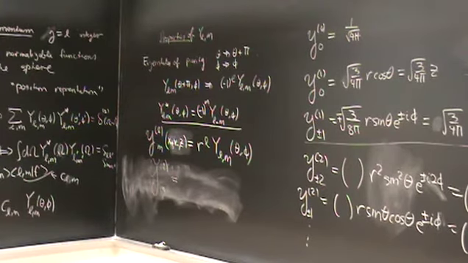The particle has some momentum, tangential to the trajectory, and it has a radial component and a tangential component.